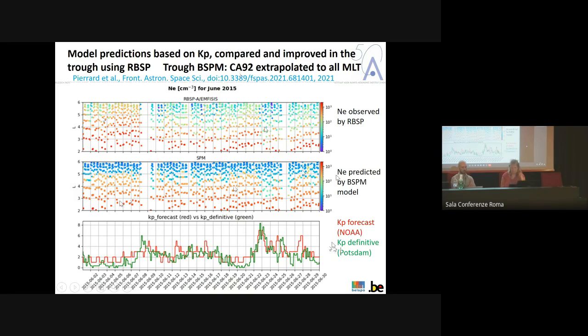And you have the KP definitive that you can find at Potsdam, for instance. And you can see that sometimes the prediction of the KP, or even what is observed in real time, can be a little bit different from what is selected finally as the definitive KP.